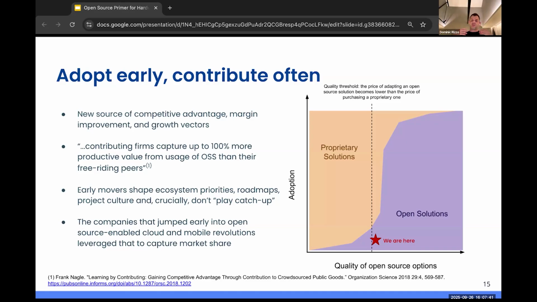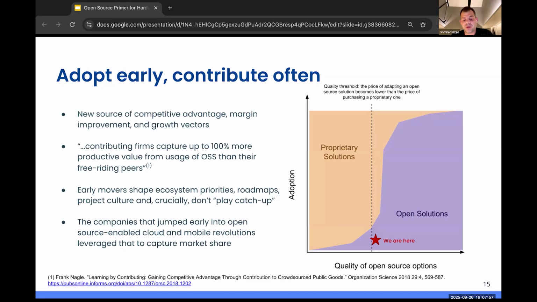And again, when things get good enough, not perfect, but good enough, it's often cheaper to leverage an existing open solution than it is to go and build something completely proprietary and from scratch.